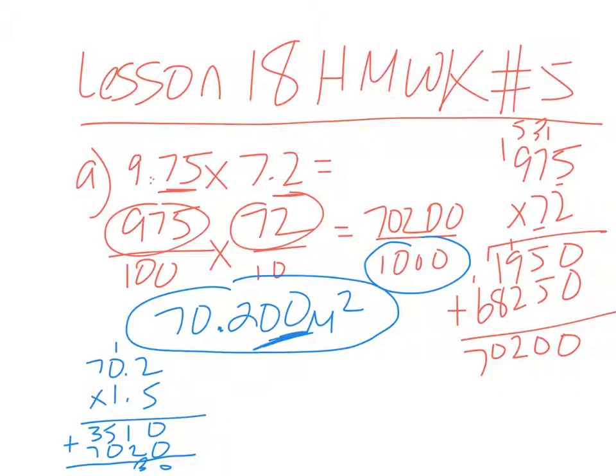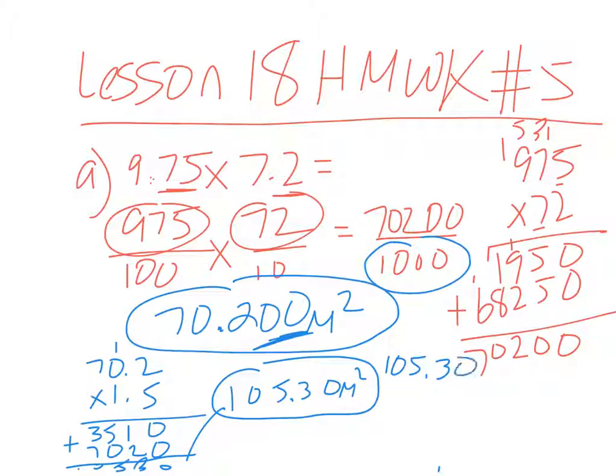And when I add them together, I'm running out of room down here, I get 10,530. I get 105.30. So that now means that the playground is 105.30 meters squared.